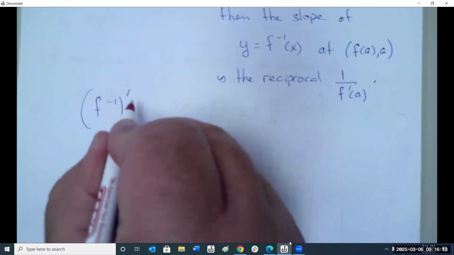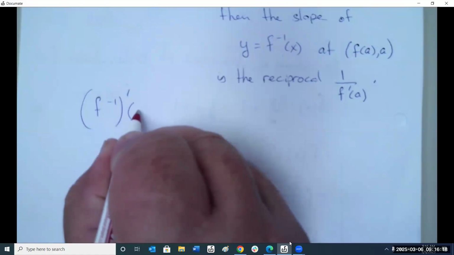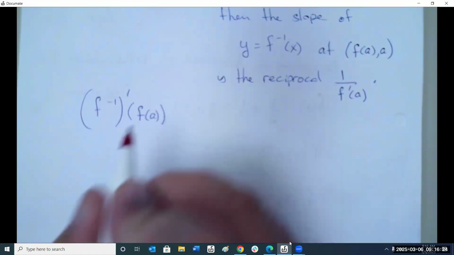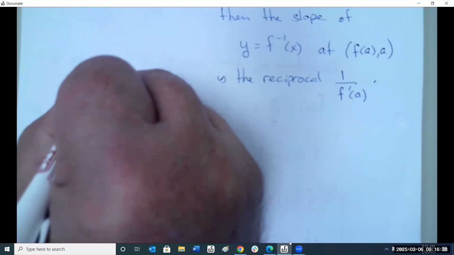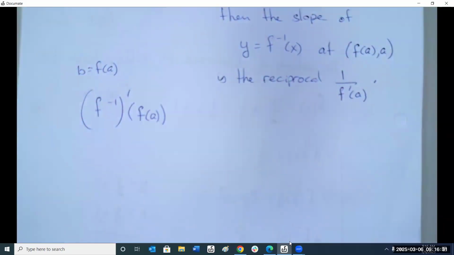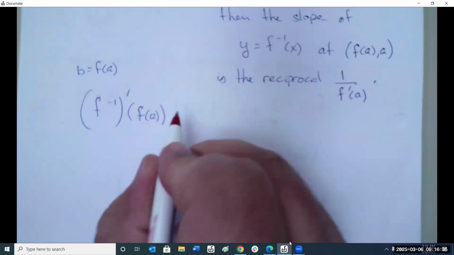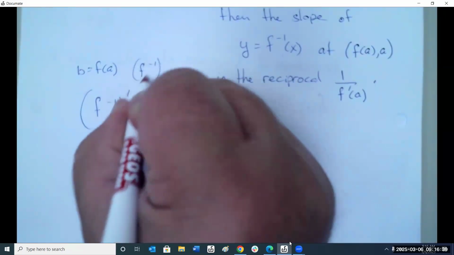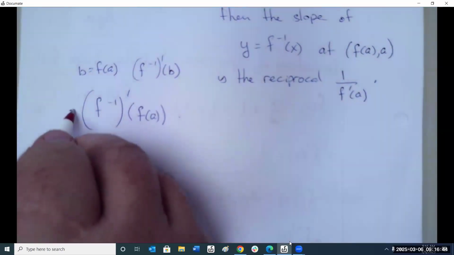The derivative of our function, the inverse function within a function, is, if we say b is equal to f of a, it makes it easier to see. That means the derivative of the inverse at b is equal to this.